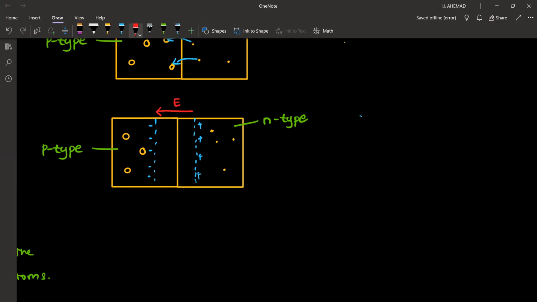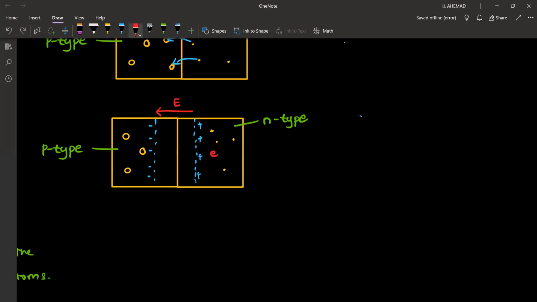For example, let's say an electron got into this region. Then, due to this electric field, the electron gets pushed back into this n-type region, right?